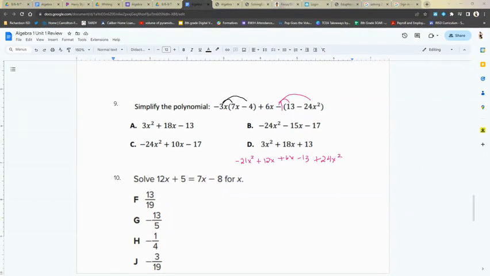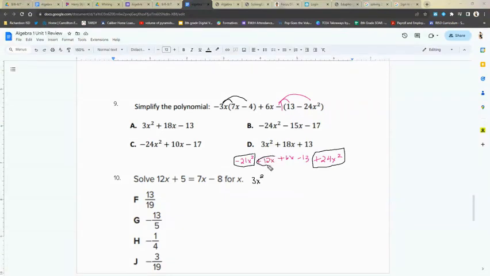Now what I'm going to do is identify my like terms. So we have my x squareds here, and that's what I'm going to work with first. This is an x squared, and this is an x squared. And we can combine these, and then we're going to be left with 3x squared. So I'm going to put that here. Then next, we have other like terms, which are 12x and 6x.